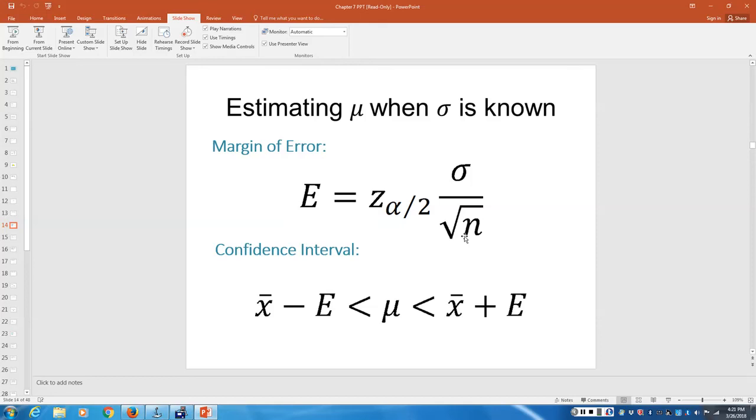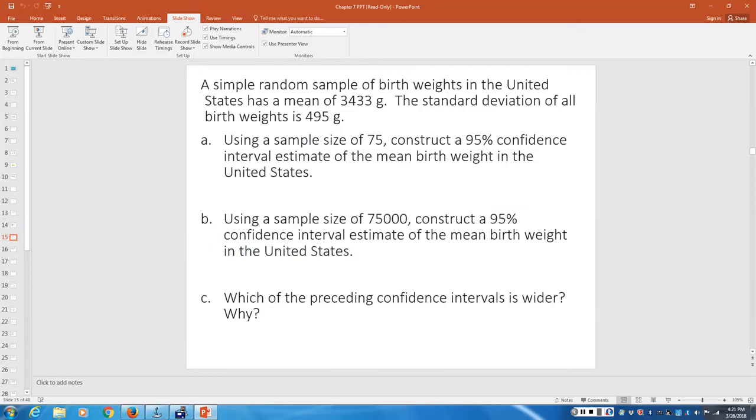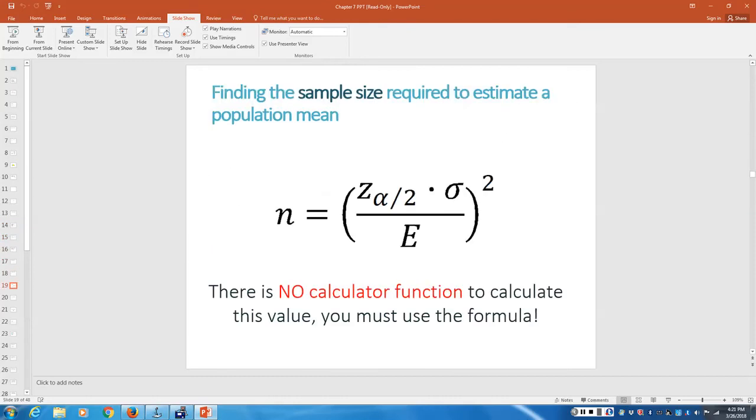They took that formula for the error and they solved it for n, the sample size. And when they did that, they came up with this. You will be given the formula on the test. You don't need to memorize it. But there is no calculator routine that does it for you.